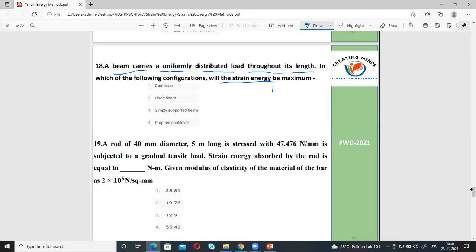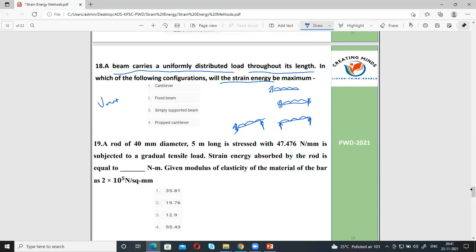Here: cantilever carrying UDL, fixed beam carrying UDL, simply supported beam carrying UDL, propped cantilever carrying UDL. So what is being asked? Strain energy, where we get Umax. In which type of structure do we get Umax?